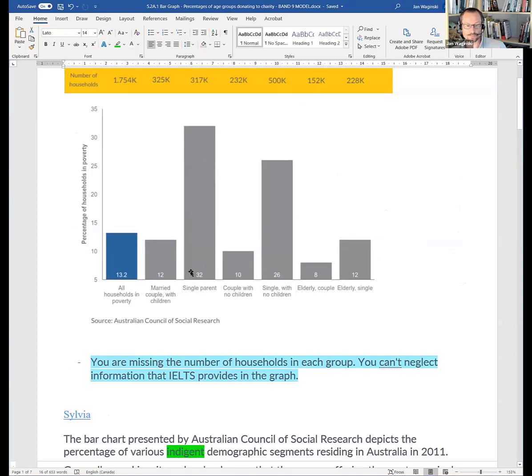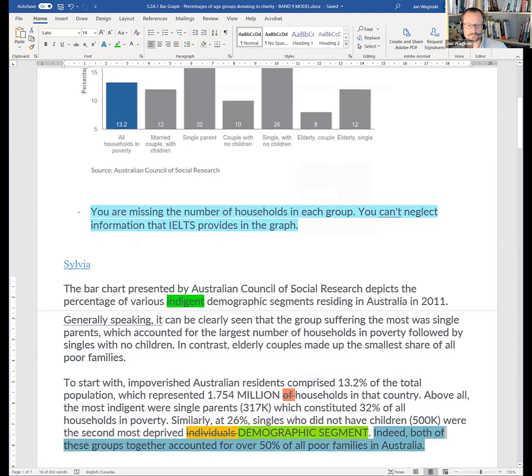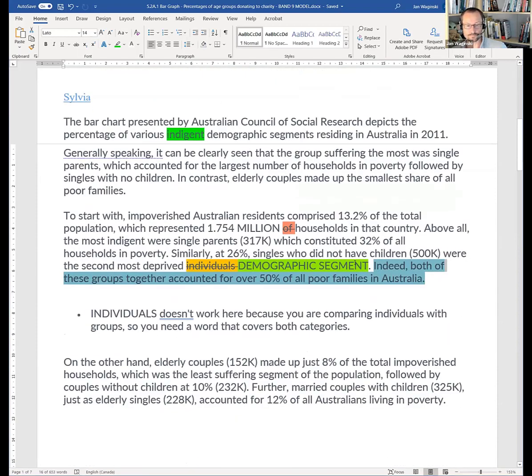So together, 58% of all impoverished households. So you can't say individuals because individuals doesn't include single parent. You can't say families because families doesn't include single with no children. So demographic segment or demographic groups works really well in this kind of situation.